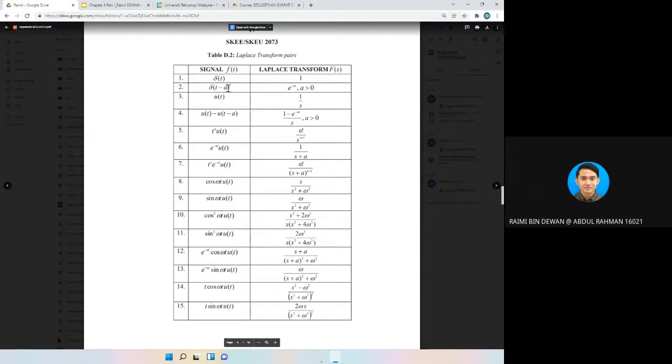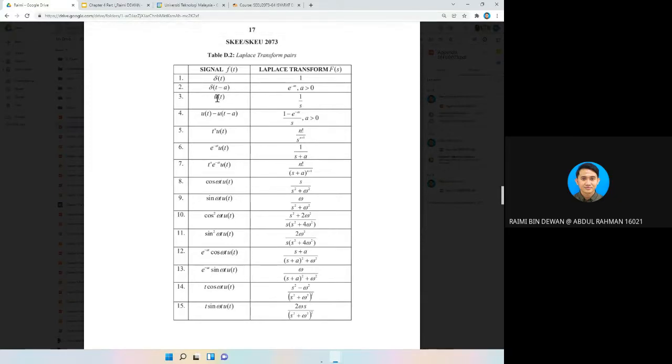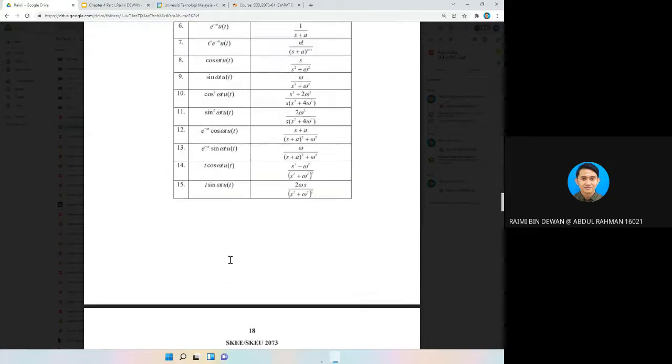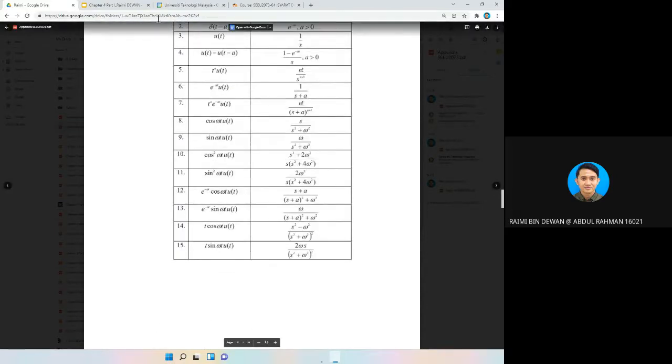A shift a in the time domain translates to a in the exponential for our Laplace transform equation. And here in the time domain, for example, if you have a unit step, when we do the Laplace transformation, we will obtain 1 over s. The same goes for everything below here. You can refer to it later on.